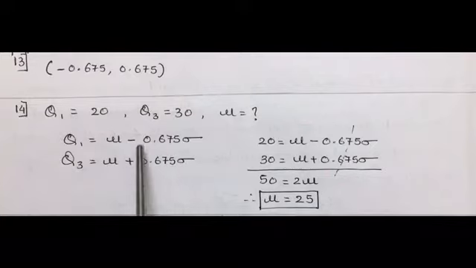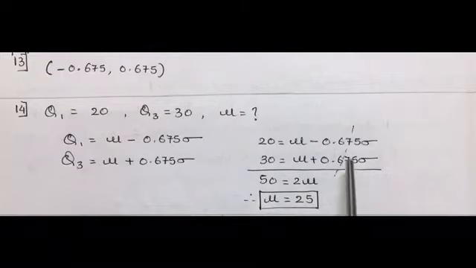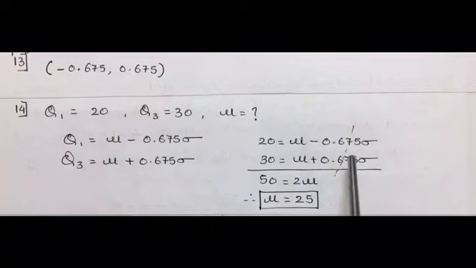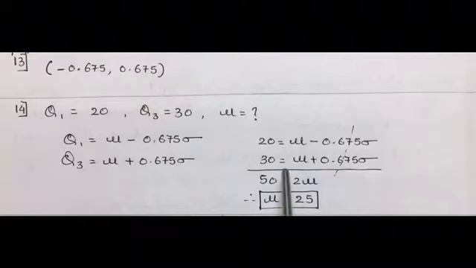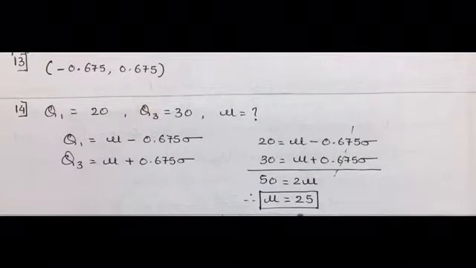So solving both these equations with the help of the elimination method, after substituting the value of Q1 as 20 and Q3 as 30, the negative and positive parts cancel, and we are left with 20 plus 30, that is 50, and mu plus mu as 2 mu. So calculating, mu becomes 25. So if the extreme quartiles are given, the value of mean is 25.